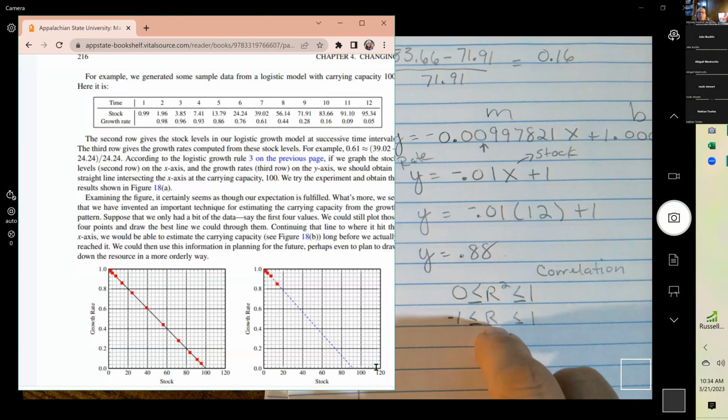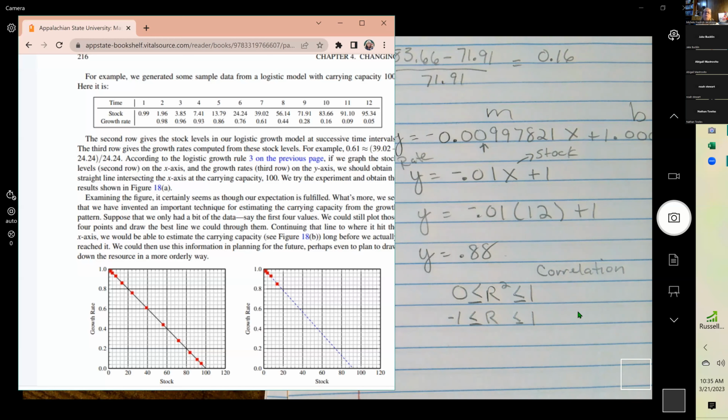So looking at R, which is just the square root of this number. When you take the square root of it, you could have the positive or the negative. So that just tells you if this graph is increasing from left to right or decreasing. So it's up to you which way you look at it.